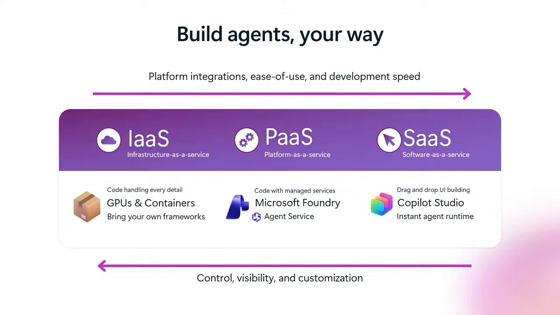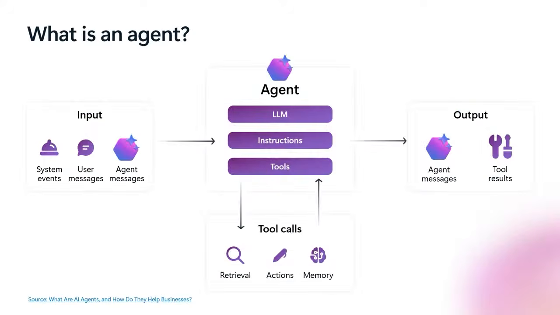At the platform as a service point, you can accelerate that platform setup for AI using Microsoft Foundry with the agent service. And then for software as a service, which is a low code or no code scenario, you can use Copilot Studio. The key thing that we hear about is agents, how agents across these different AI platforms can be built to help businesses accelerate their value.